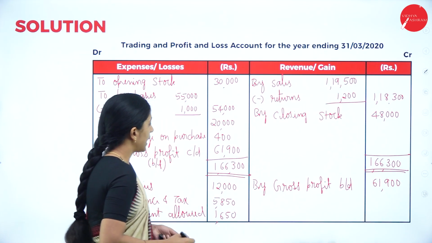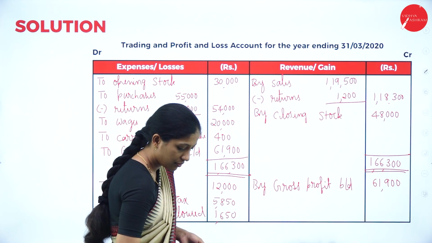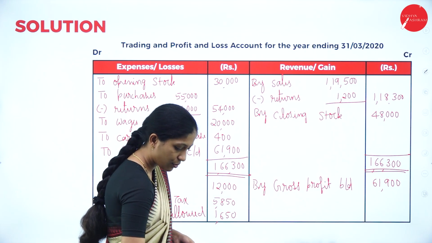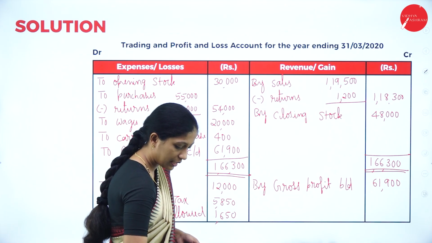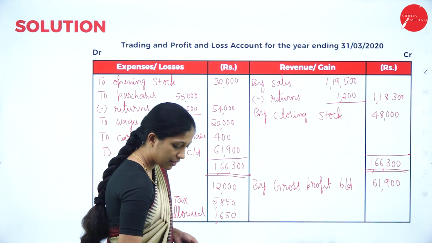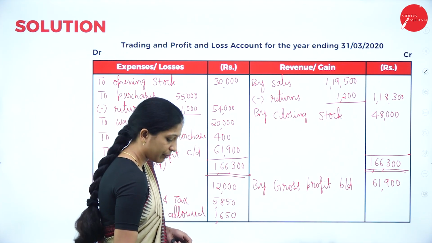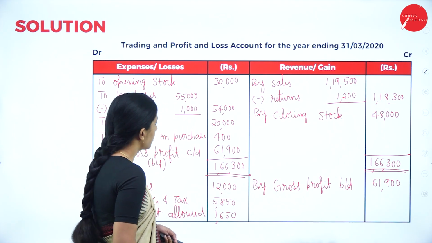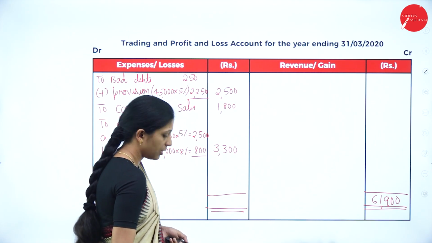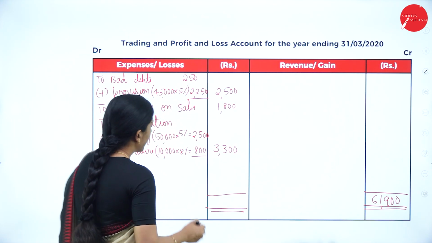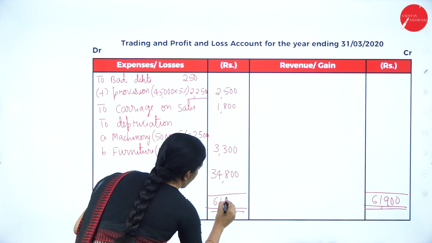So 61,900 minus 12,000 minus 5,850 minus 1,650 minus 2,500 minus 1,800 minus 3,300 will be 34,800. So total of both the sides is 61,900.